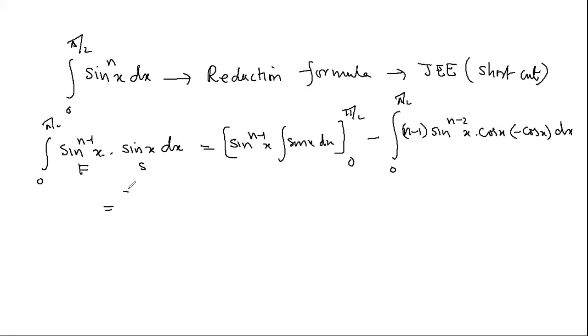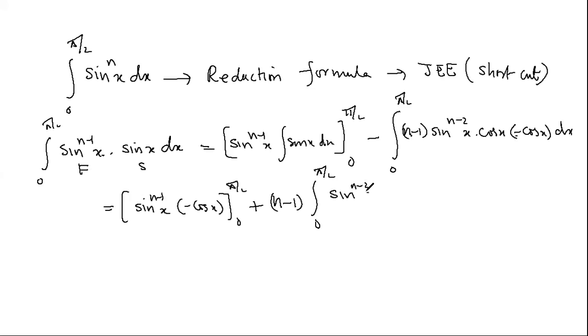Now this became sin raised to n minus 1 x into minus cos x from 0 to pi by 2. This is one constant and this becomes plus, sin raised to n minus 2 x. This cos square x I'm writing as 1 minus sin square x.